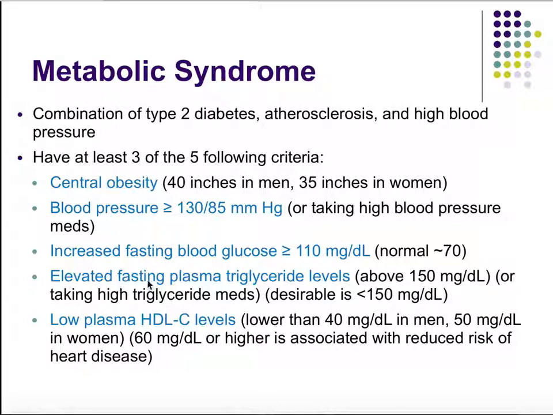And then elevated fasting plasma triglyceride levels, so above 150 milligrams per deciliter, or again, if you're taking medication. And then if you have low levels of the good cholesterol, which is our HDL, so lower than 40 milligrams per deciliter in men and 50 in women. Now, 60 or higher is what is desirable.